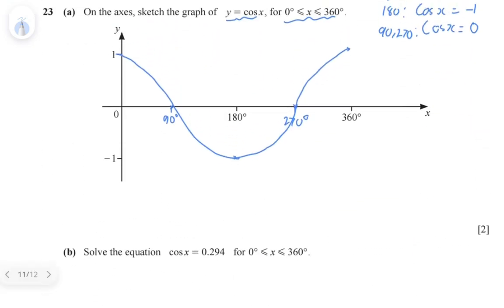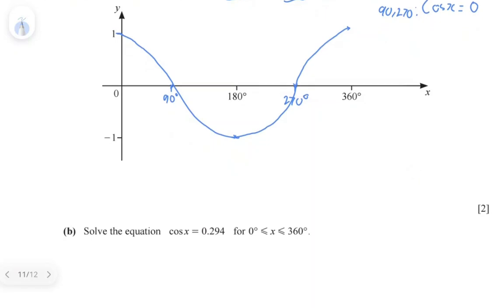Moving on to part B, we're asked to solve the equation cos x is equal to 0.294. So to find our first value of x, we will find the inverse cos of 0.294, which gives us an angle of 72.9 degrees, which is our base angle.